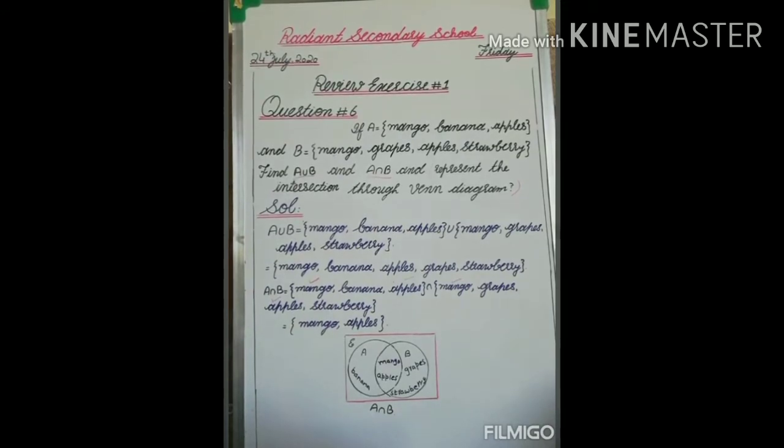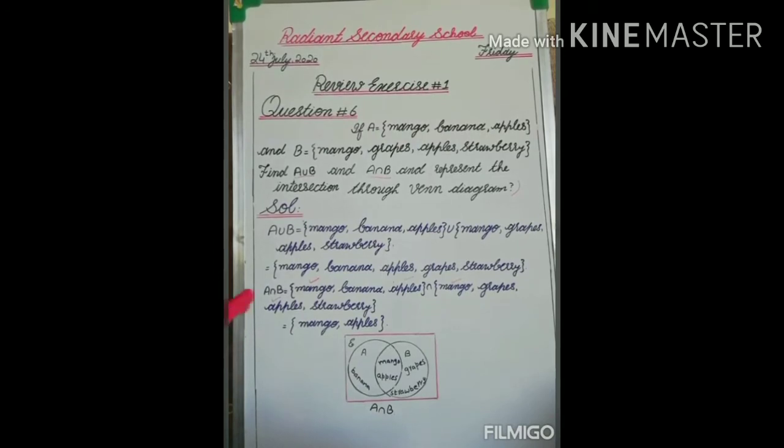Represent the intersection through a Venn diagram. To draw the Venn diagram, first you have to decide whether we will draw disjoint sets, overlapping sets or subsets. For that purpose we have to check both sets. You can see in sets A and B some elements are common and some elements are uncommon.